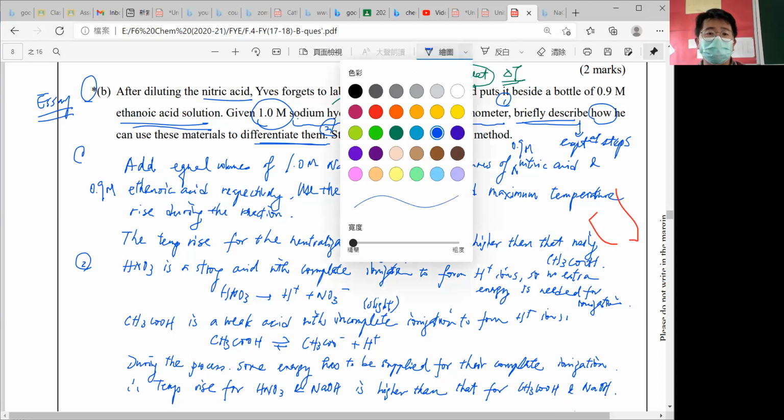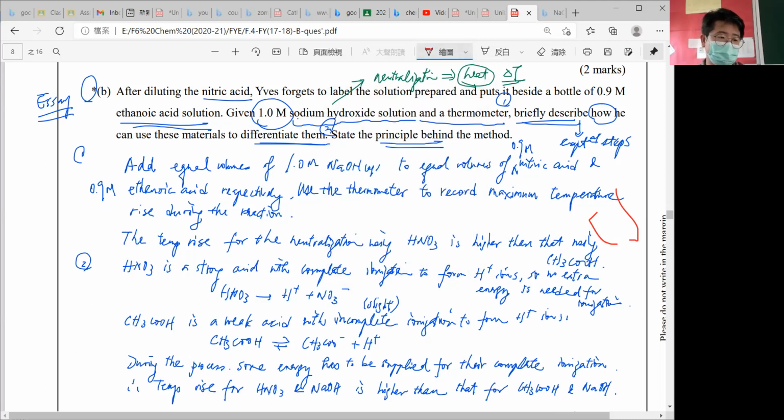Okay, so you may get this. So simply speaking, the three marks will be allocated as follows. One, the experimental setup, number 1, and point two, it's on here.